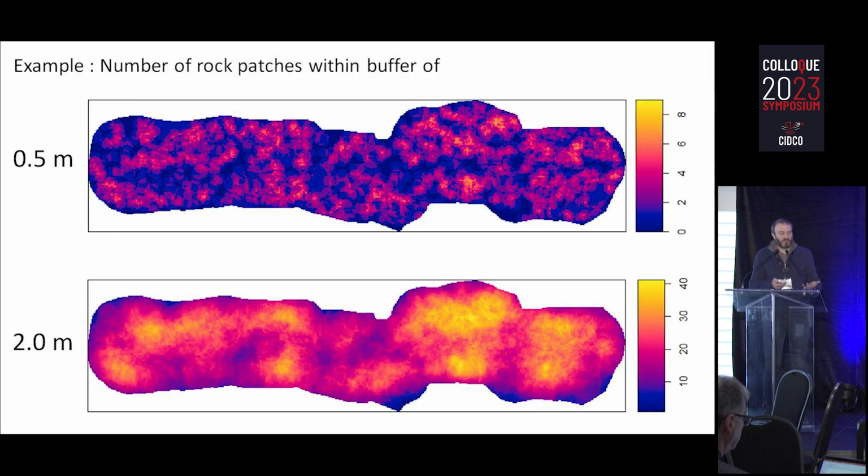Just to give you an example, these two images are a map of a given transect, and each pixel has the information of the number of rock patches within around 50 centimeters of the point in the top image, or within 2 meters of the point in the bottom image. Because you have the data in that way, you can work at different scales even within a given mosaic.